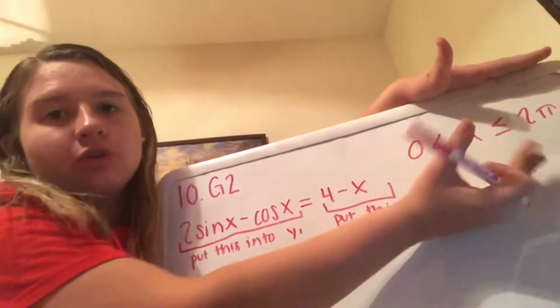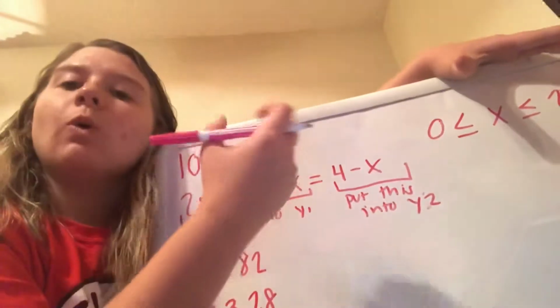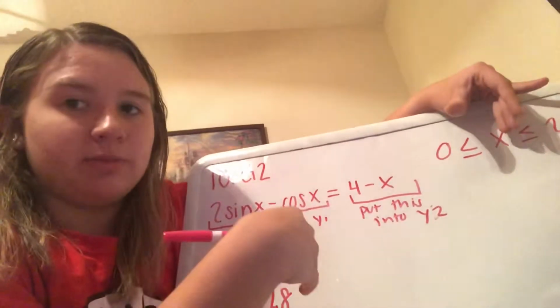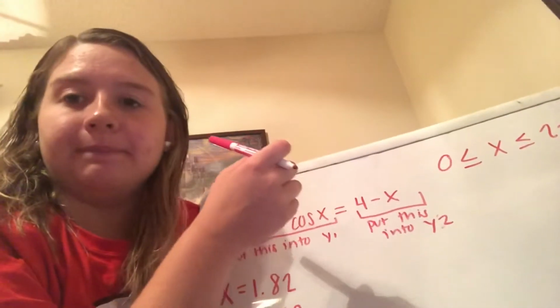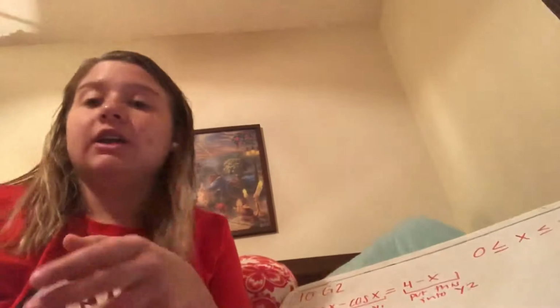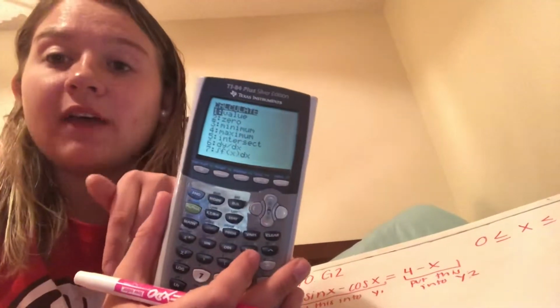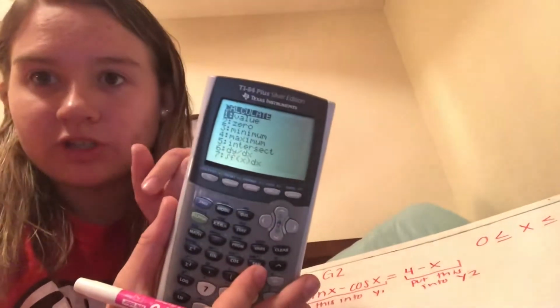It isn't a big deal which side is which. Then go to whatever your scale is, or whatever they want your x to be between. That's what your x max and x min will be. To get your answer of what x equals, if you're using a calculator, you go to second trace, 5, to find the intersections.